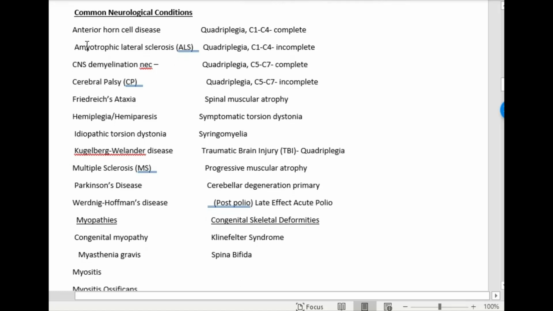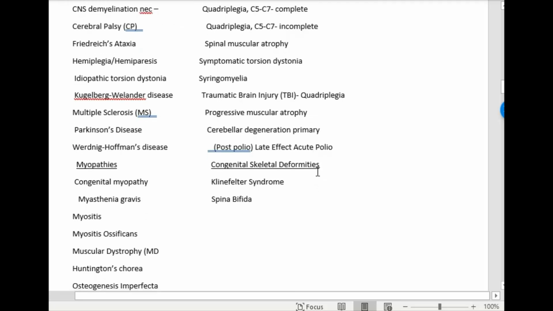You have amyotrophic lateral sclerosis, CNS, cerebral palsy, Friedreich ataxia, hemiplegia, hemiparesis, hepatic neuropathy, Kugelberg-Welander disease, MS, Parkinson's, Werdnig-Hoffmann disease, quadriplegia, different levels of quadriplegia, incomplete or complete, spinal muscular atrophy, systemic torsion dystonia, TBIs, progressive muscular atrophy, cerebellar degeneration primary, post-polio.